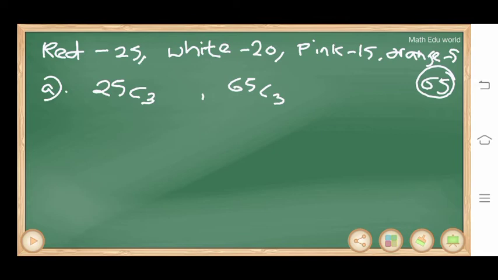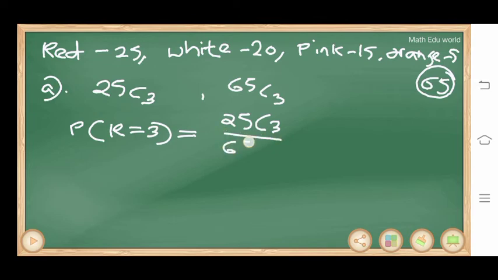So we can say that the probability of selecting 3 red roses is 25C3 divided by 65C3. Do this calculation, we get the result as 0.0527 as an approximate answer.